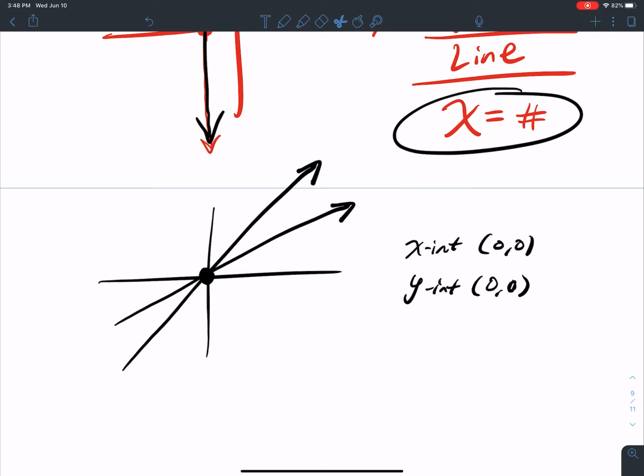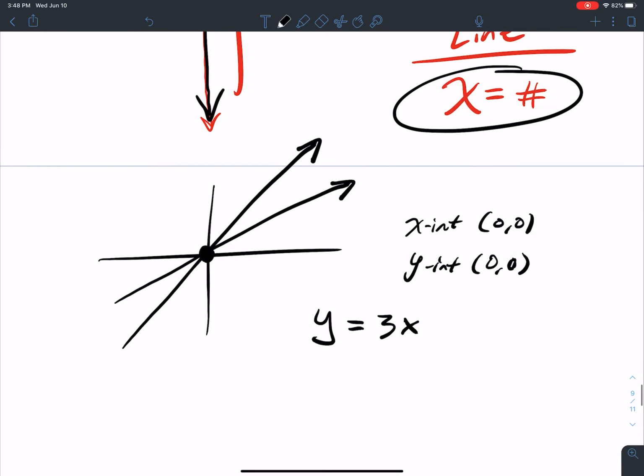To get more than 1 point, say you had y equals 3x. If you did your x-intercept, y-intercept thing, you get (0, 0) for that. How would you get another point? All you have to do is take any x value you want. I like to choose x equal to 1 because that's easy to plug in.